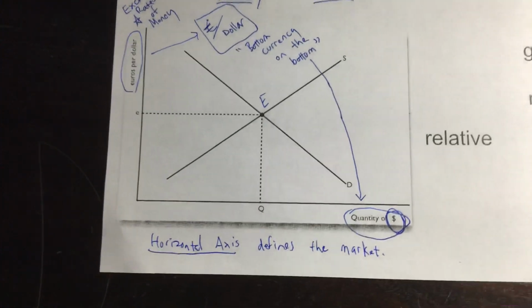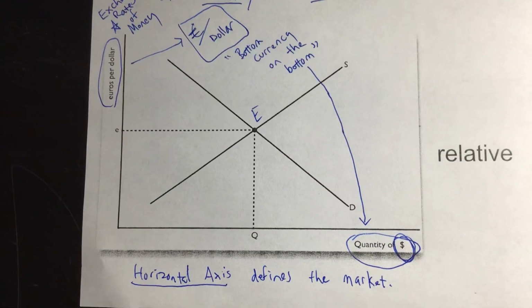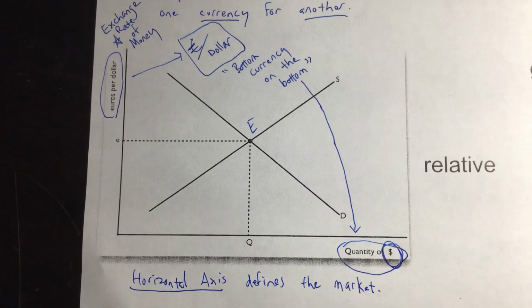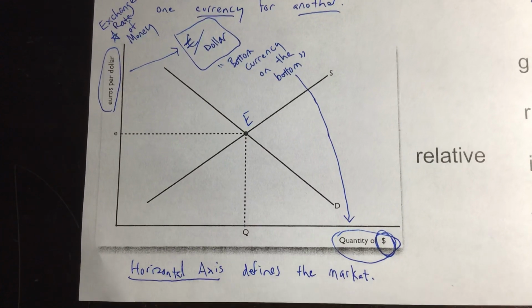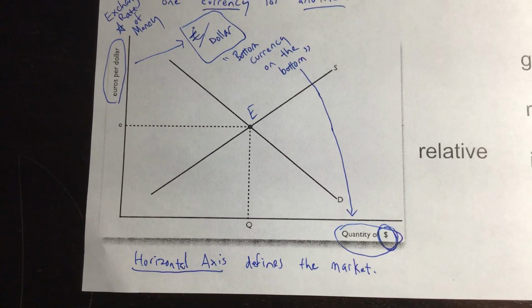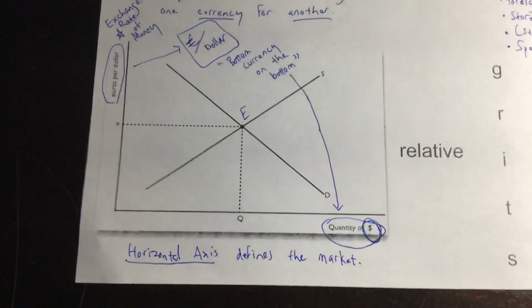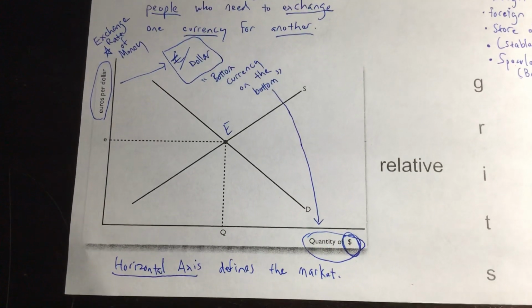Okay, so this is the market for dollars. How do I know that? Because the horizontal axis defines the market. And if I look down, I see that it's dollars on the bottom, okay? So the bottom currency on the bottom, this is the market for dollars in terms of euros.